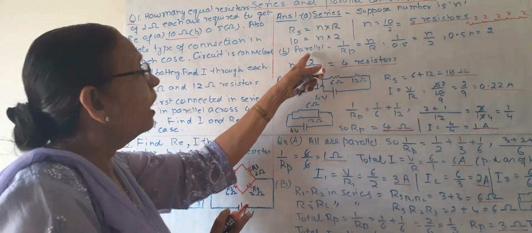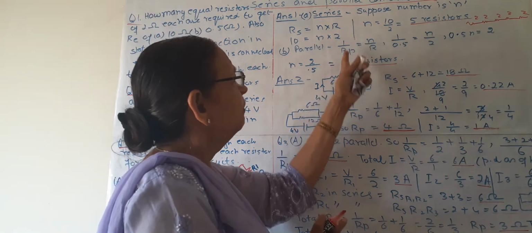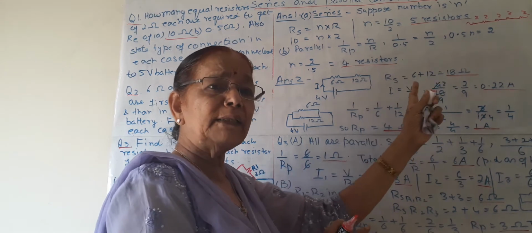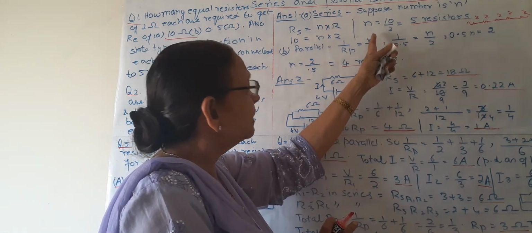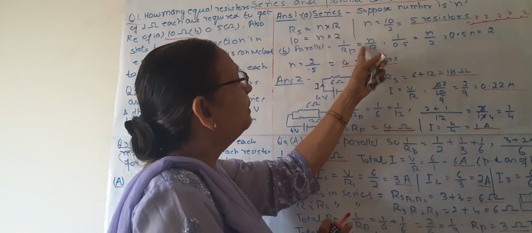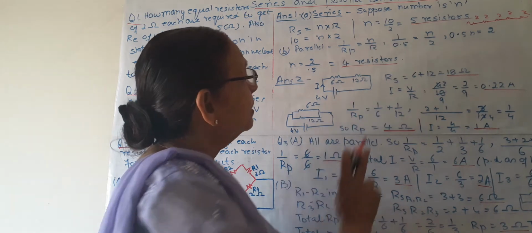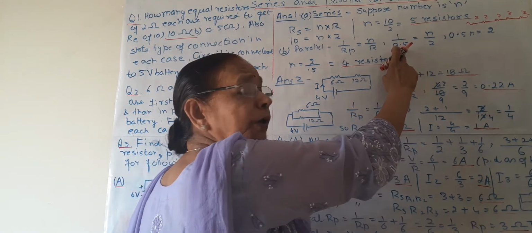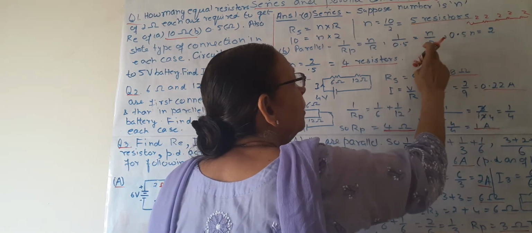Now the second, how we will calculate in parallel. The formula is 1 upon Rp is equal to 1 upon R1 plus 1 upon R2 plus 1 upon R3. We don't know the number. Suppose the number is N. So 1 upon Rp will be equal to N upon R, where N is the number of resistors. Rp is given as 0.5. So 1 upon 0.5 will be equal to N upon 2.